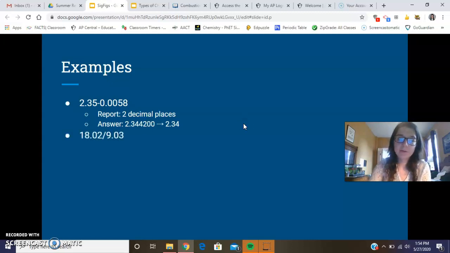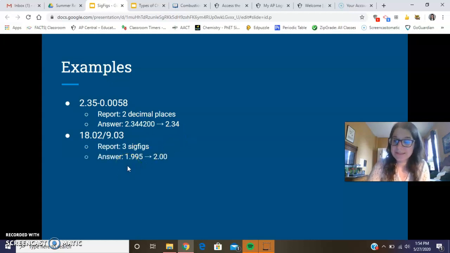Here I have 18.02 divided by 9.03. Here we have 2 numbers and it's multiplying or dividing, so I have to count the number of significant figures. 18.02 has 4 significant figures, 9.03 has 3 significant figures, so I'm going to report my final answer with 3 significant figures.